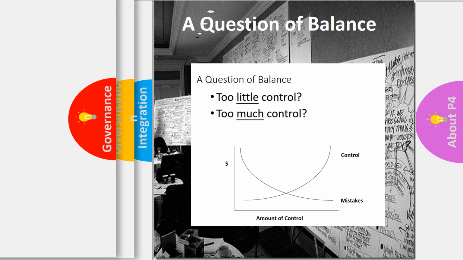People could make mistakes, and also people could be demotivated and be less productive and less efficient. So it also depends on how you manage people to get the work done in the most efficient and effective way. These things need to be taken into consideration. So it's a question of balance.